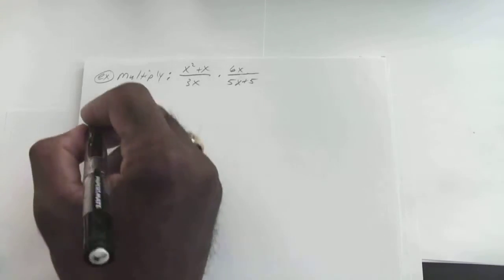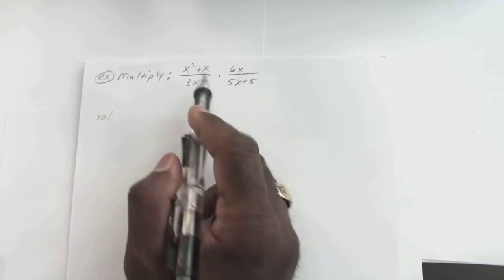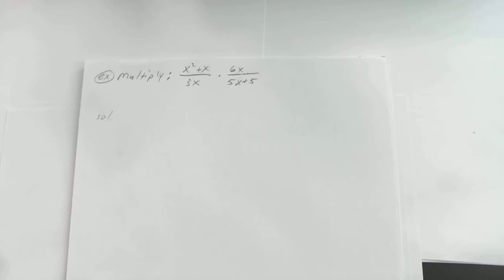All right, so with this one, you don't have anything right off that cancels out. So the first thing you want to do is factor each one of those numerators and denominators.